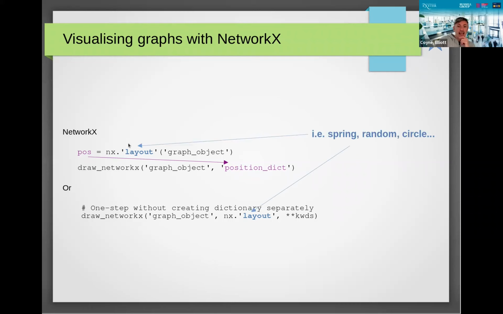And as I say, the layout would be spring, random, circle, so on and so forth. And as you can see, this was a 2-step process, but if we wanted to do it in a single step, we would do nx.draw, the NetworkX graph object, so G, comma, nx.spring, and then there are some different arguments that can be considered.